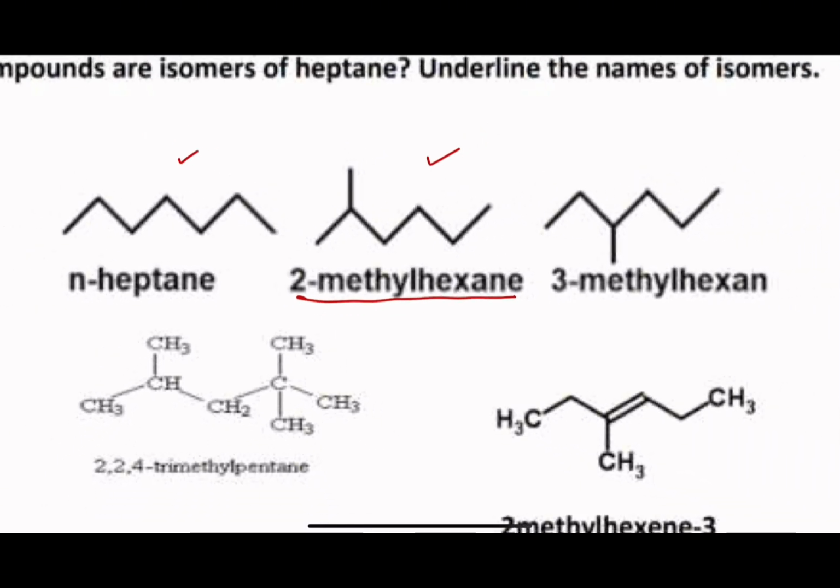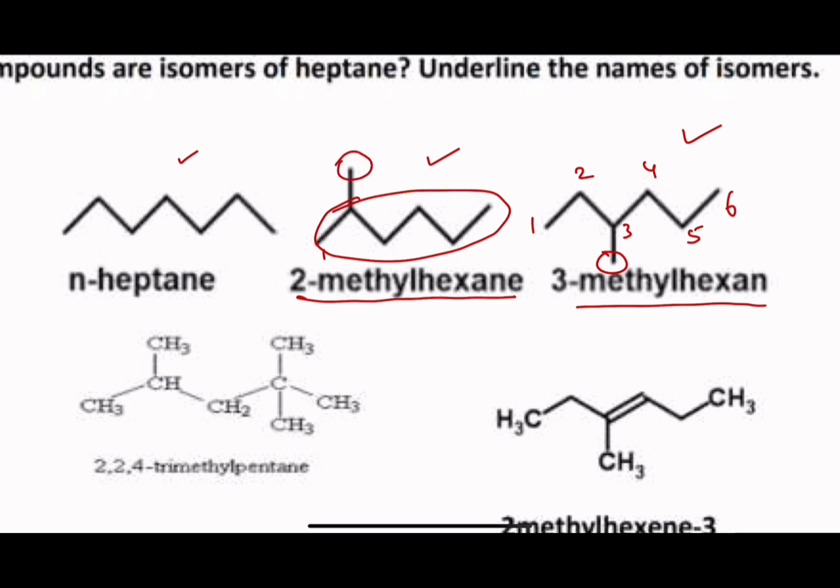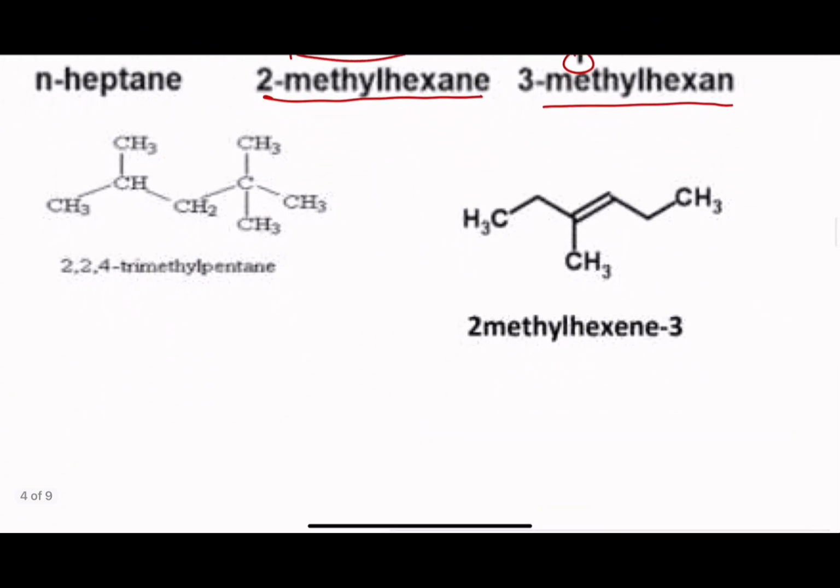And then we have 3-methylhexane. It's also an isomer because we have the same number of carbons, 1, 2, 3, 4, 5, 6 on the main chain and just 1 on the branch, altogether adding up to 7 carbons. Now 2-methylhex-3-ene.